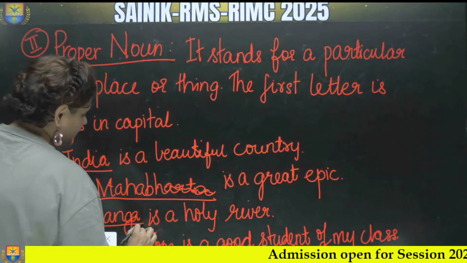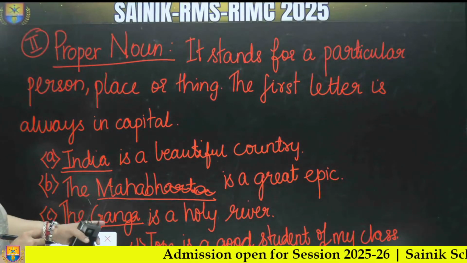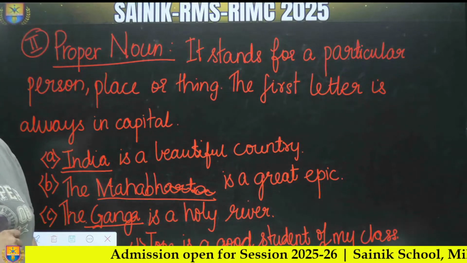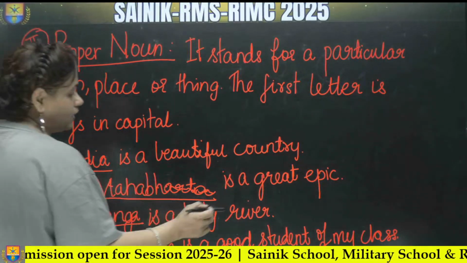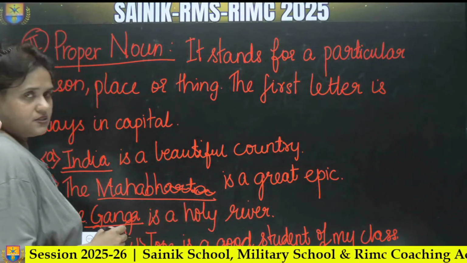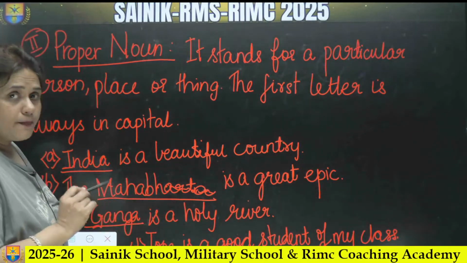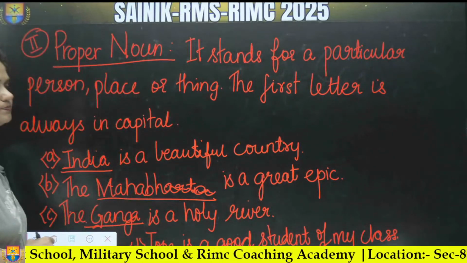In this, your proper noun is Ganga, which is written in capital letter. Tom is a good student of my class. Now, class is also a noun. It's a place. Student is a person. But in this, the proper noun is only the word Tom.